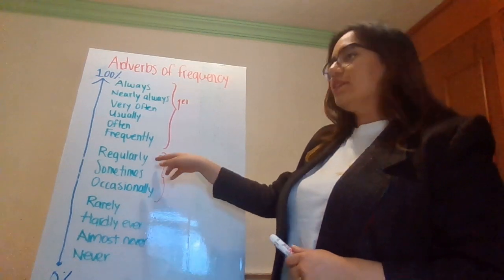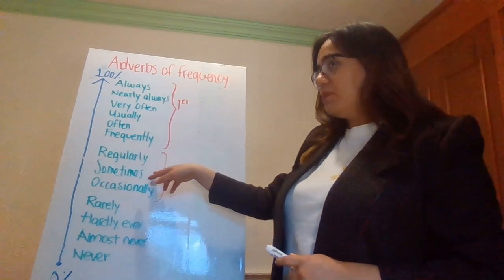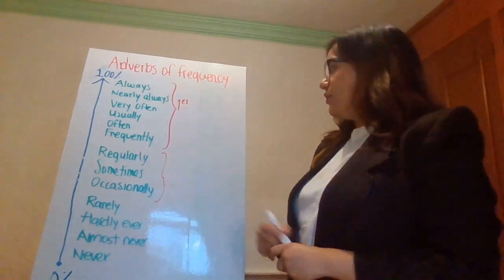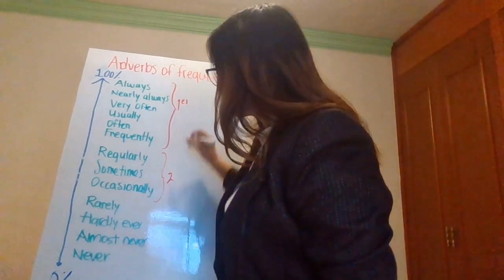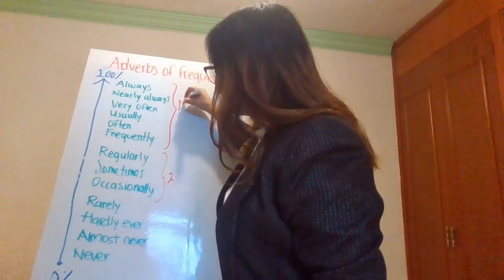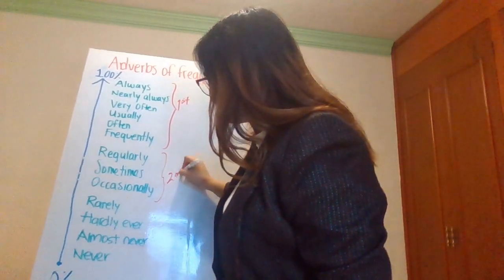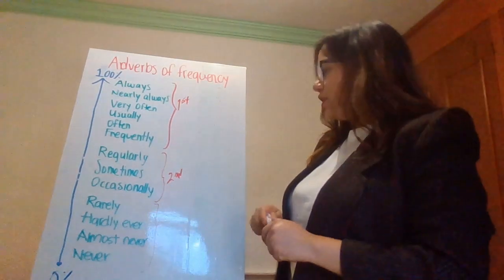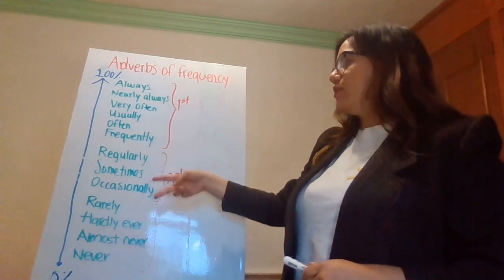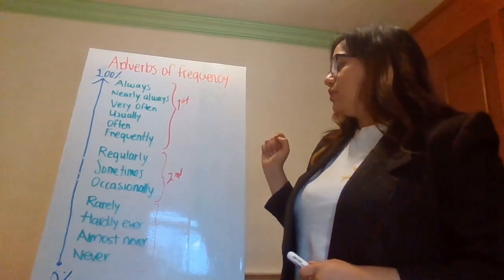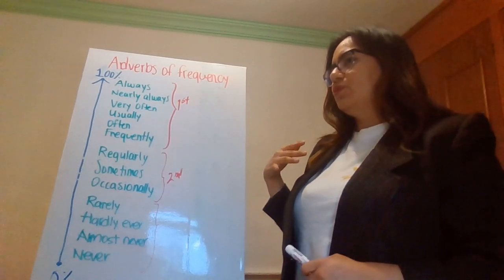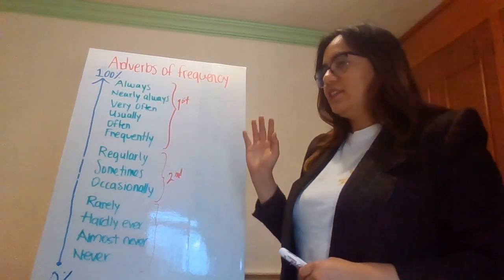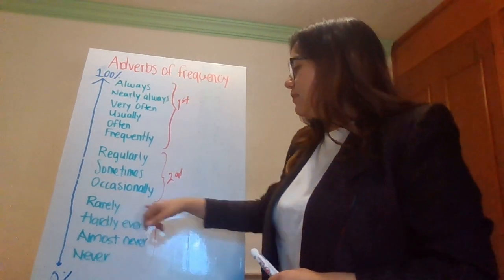Okay, repeat, regularly, sometimes, and occasionally. Okay, very good. That's the first and second. And then the third one, remember that we use these three to describe things that we do or that happen some of the time. Okay, not always, not never either.